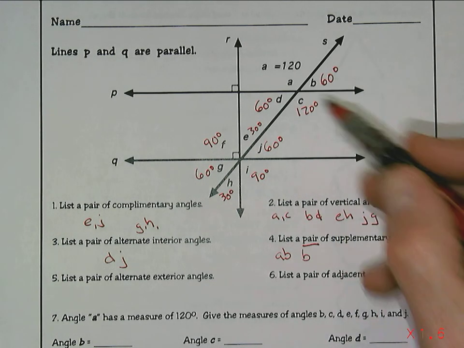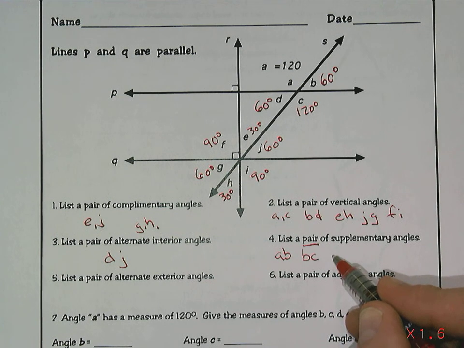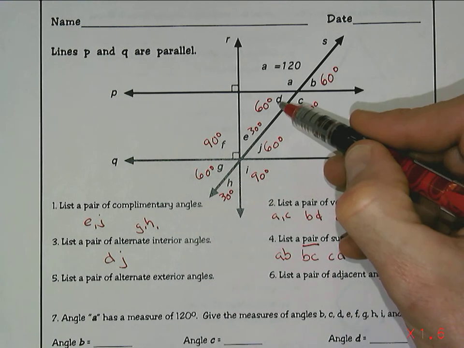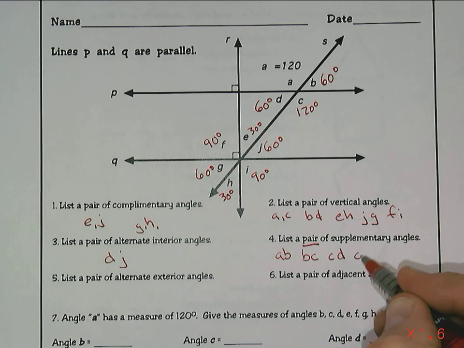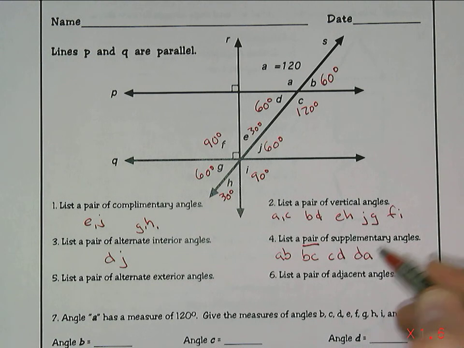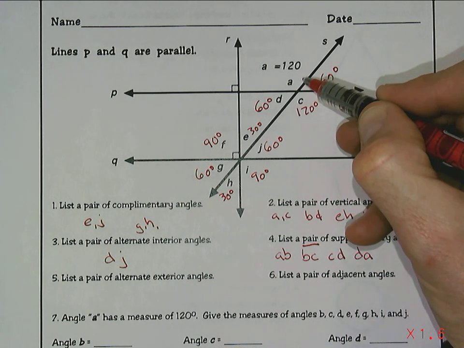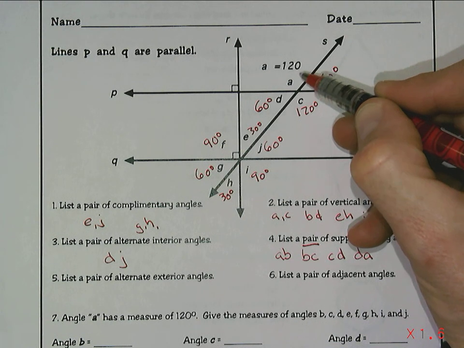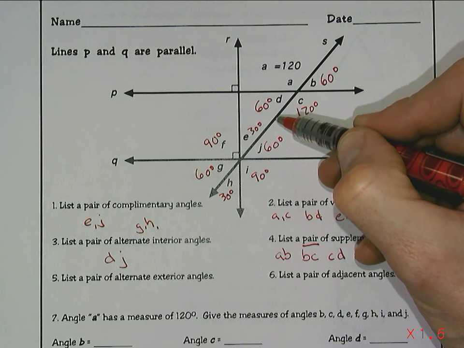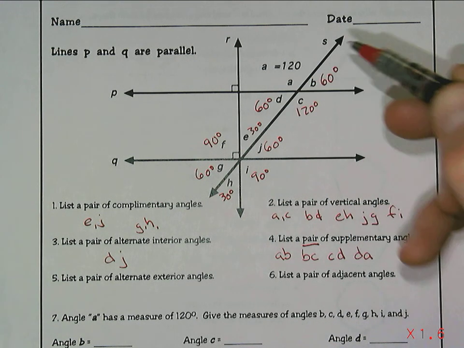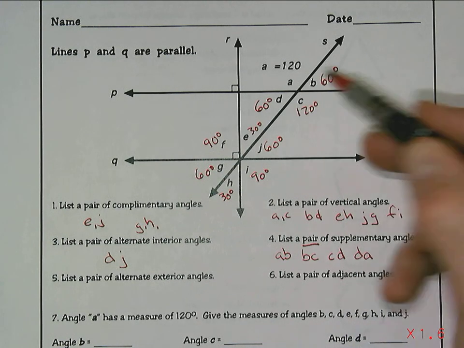And then C and D. And then D and A. So all the ones up here, all these pairs, they're all going to add up to 180 degrees because they're all going to make a straight line. A straight line is 180 degrees, so when you look at the arc of a straight line, you have a 180 degree line, and so there's your supplementary angles.